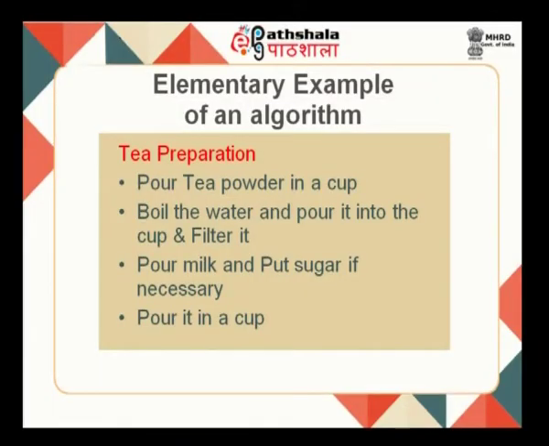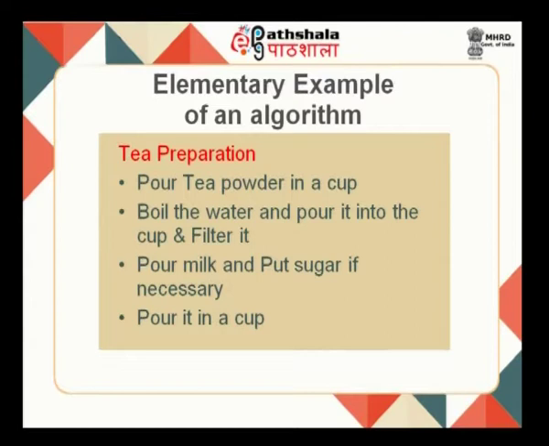Now we can say that tea preparation can be summarized as these steps. The first step is pour tea powder in a cup, then boil the water, pour it into the cup, filter it, pour milk, put sugar if necessary, pour it into the cup.